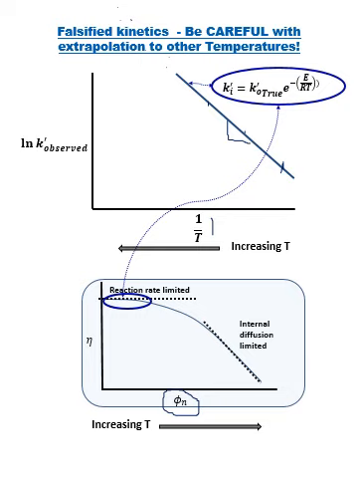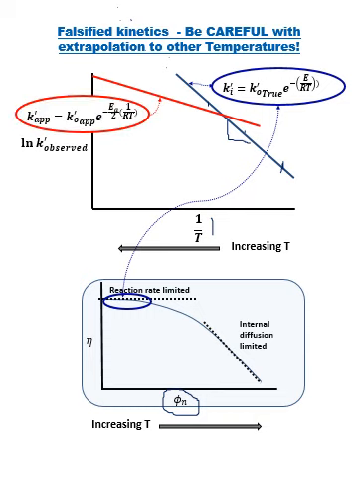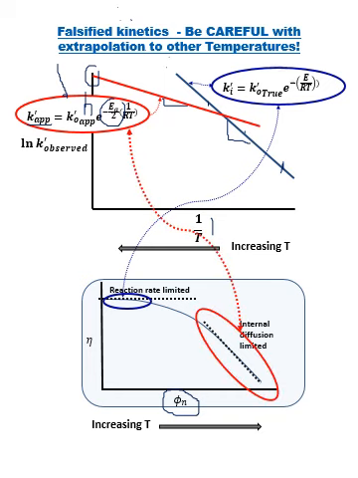So as I increase the temperature, I may actually go into the regime where it is diffusion limited, so that the apparent rate constant starts to come into play, and I am going to get a rate that is affected by my apparent rate constant, where not only my pre-exponential constant, so therefore this intercept, is affected, but also the slope. I am going to have a much lower slope because the activation energy is divided by 2. So it means I've increased the temperature significantly enough to move into this internal diffusion regime.